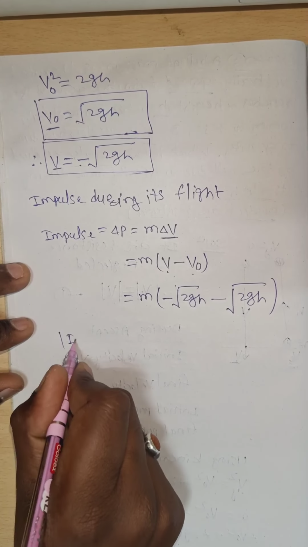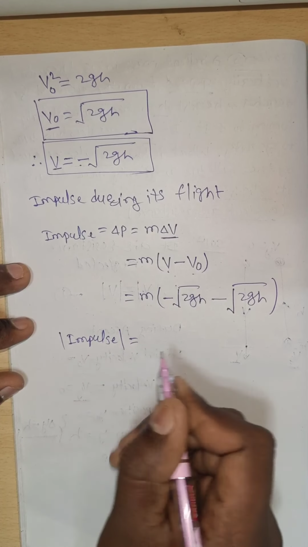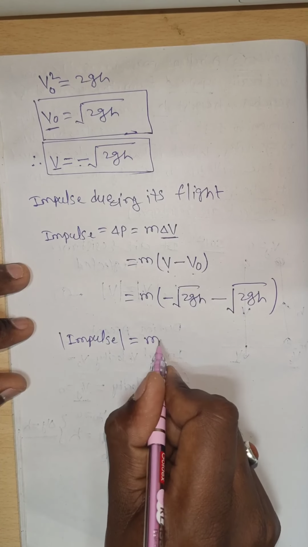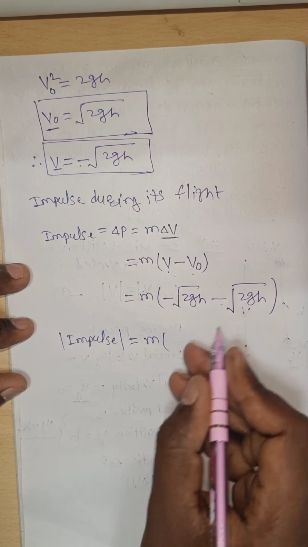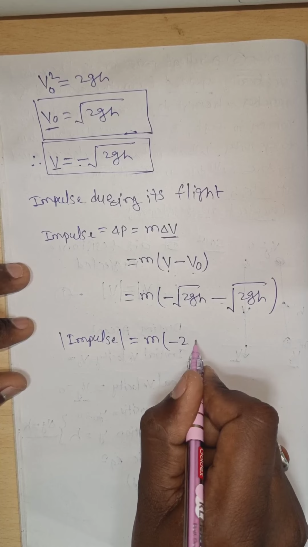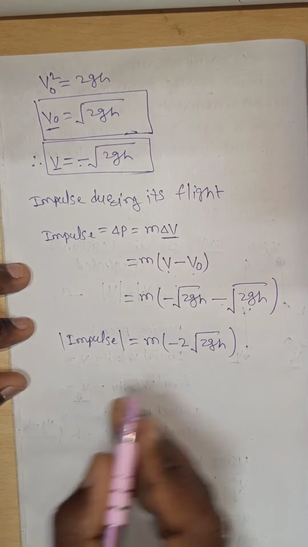Now we have to take the magnitude of impulse. The impulse is m into minus under root 2gh minus under root 2gh, which means minus 2 under root 2gh.